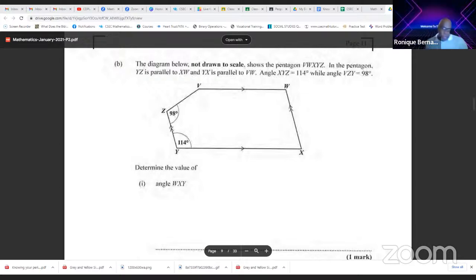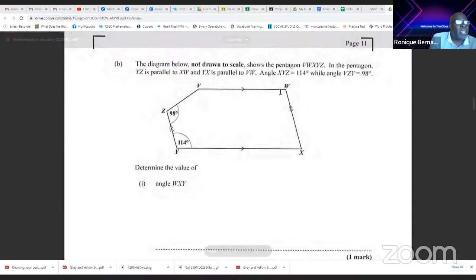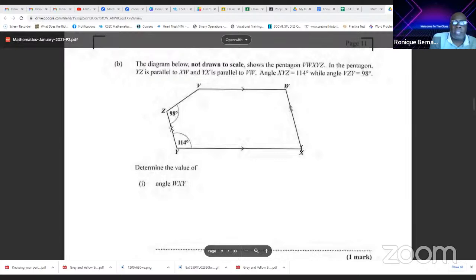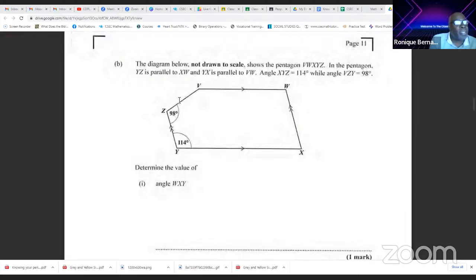Remember the fact. The fact that we were working with is that this line is parallel to this line. But this line here is not parallel to any other line that you could work with to let you subtract 98 from 180.